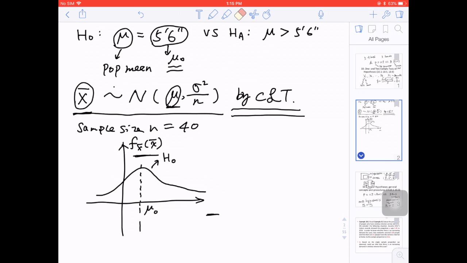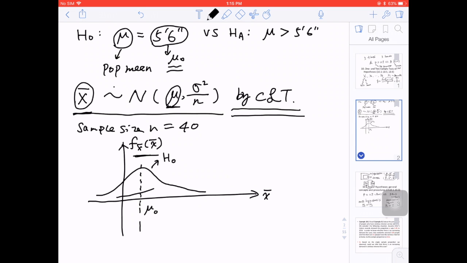However, I'm going to just extend this line a little bit longer. If you cannot prove that H0 is the one that you want, then you have to go to the other side, that HA is the one that you want.